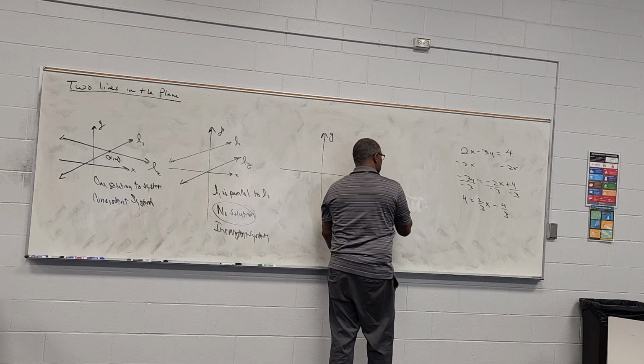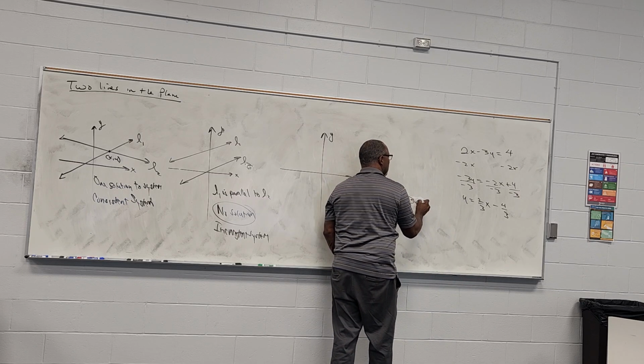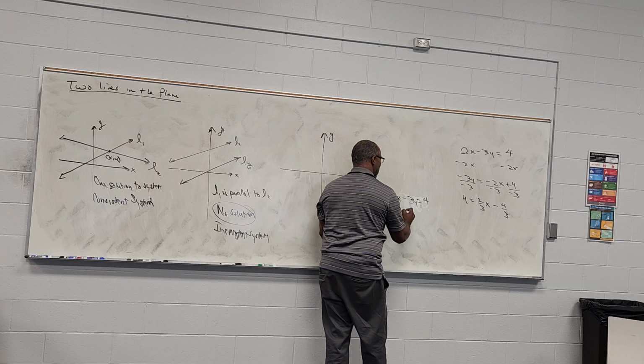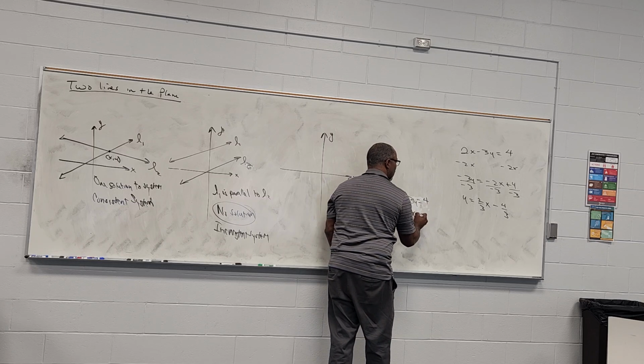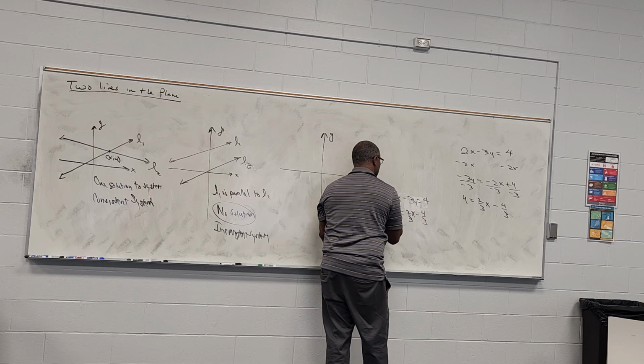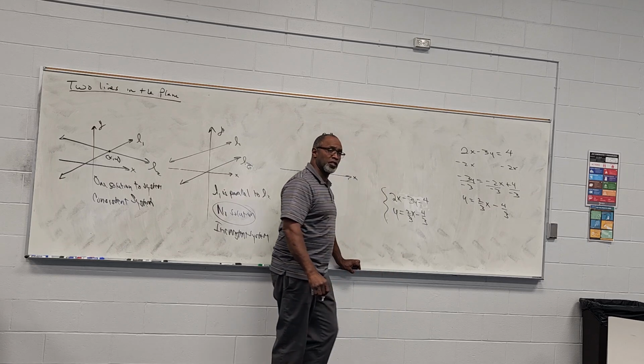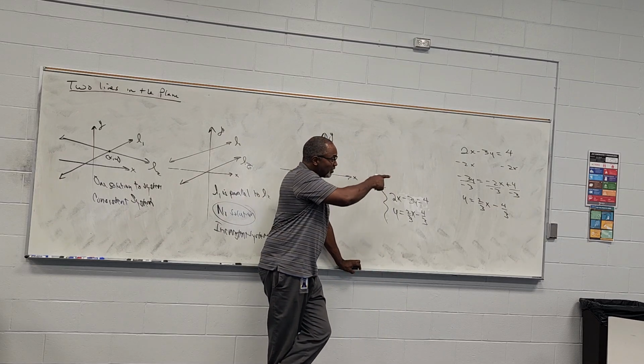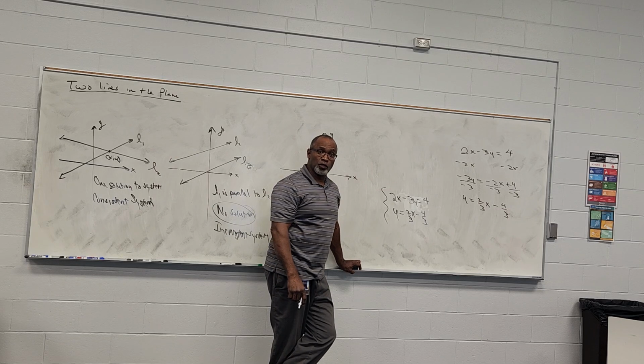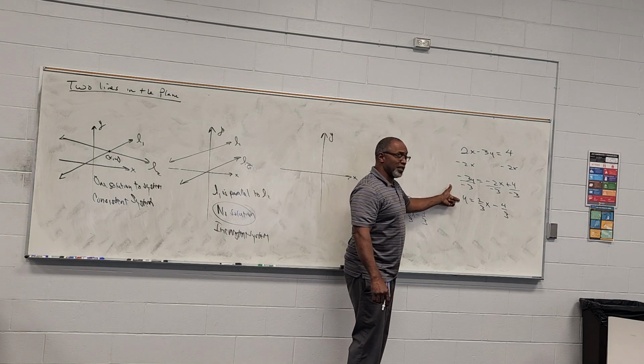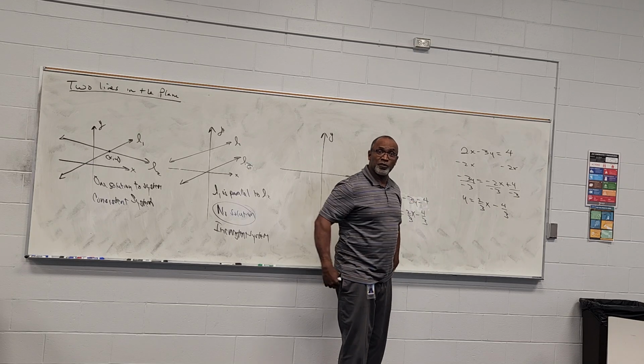So if I just wrote down a system of two equations, with this one and the other line as y equals 2/3 x minus 4/3, and you hadn't seen me do that, you'd think these were two distinct, different lines. But this line and this line are the exact same line. I just wrote it in a different form.